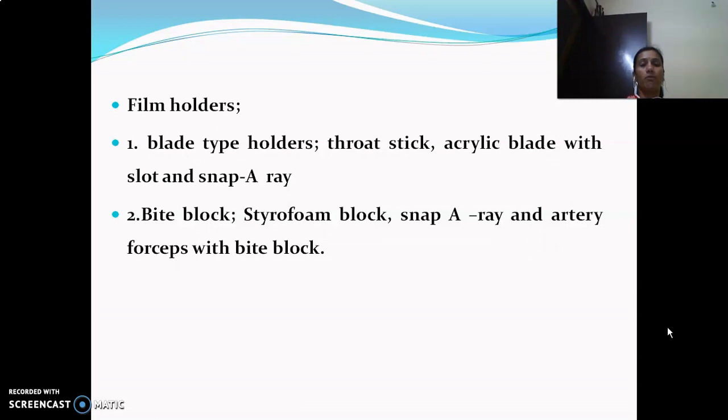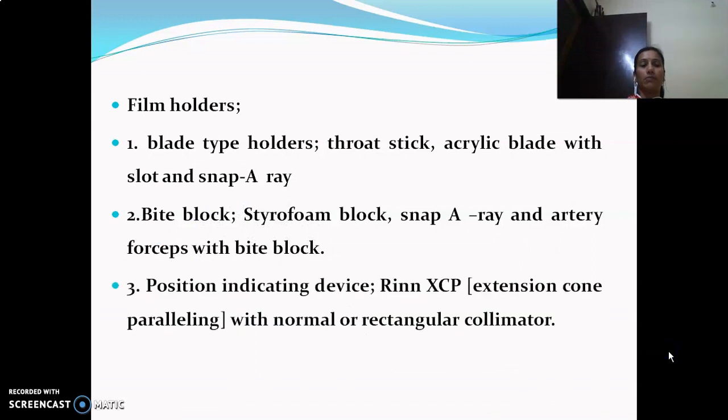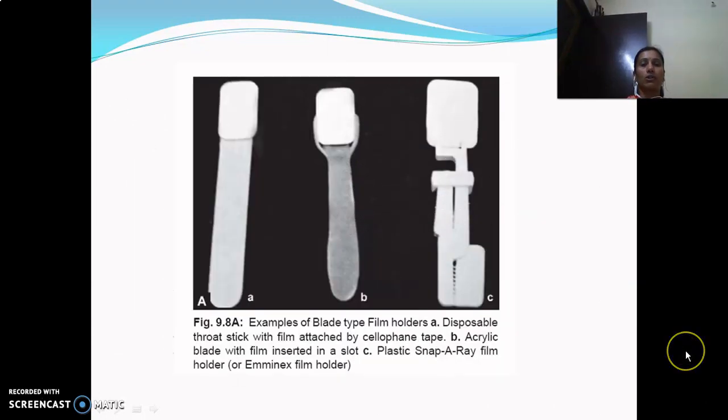It can be a styrofoam block, snap array, and artery forceps with bite block. The third is the position indicating device, also known as RIN XCP. XCP stands for extension cone paralleling, with normal or rectangular collimator. Next is the precision X-ray film holder. So this is a diagram showing the different types of film holders.